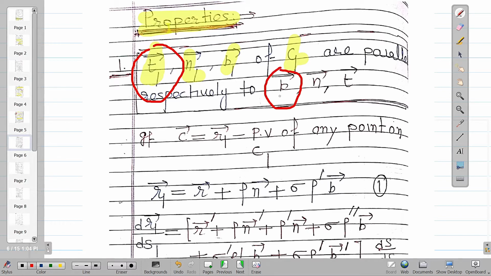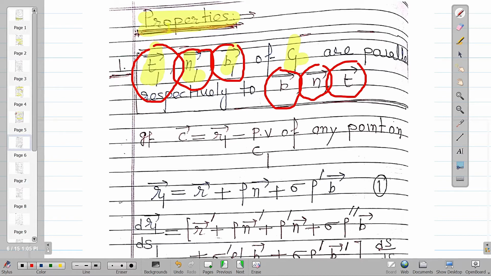This is B of C, this is T1 of C1, and this N1 is parallel to the N vector. So it means they are on the same line of direction, but this B1 is parallel to the T vector. Clear? This is the first property, remember it.